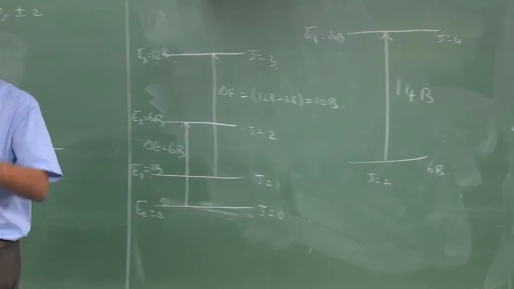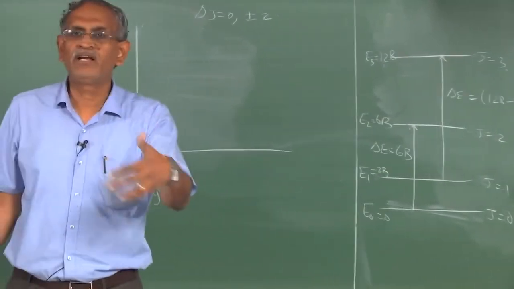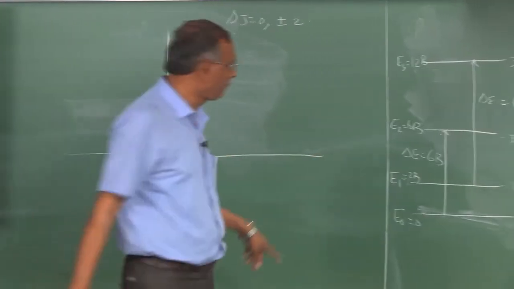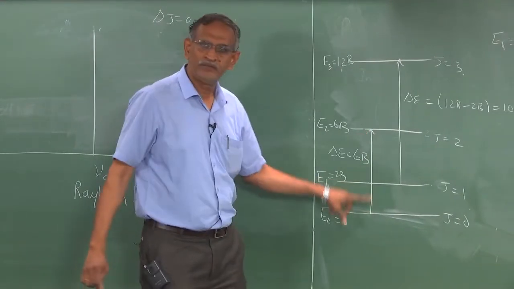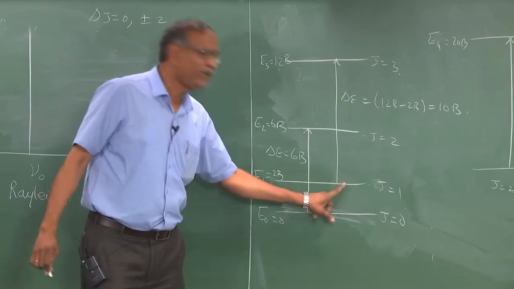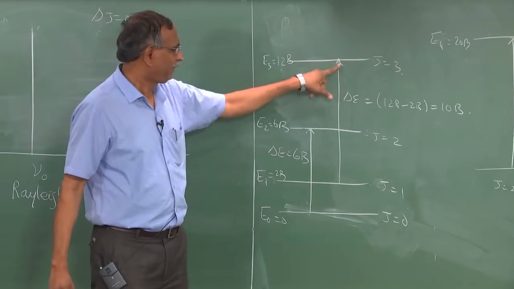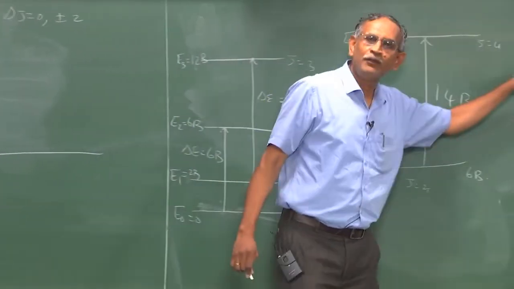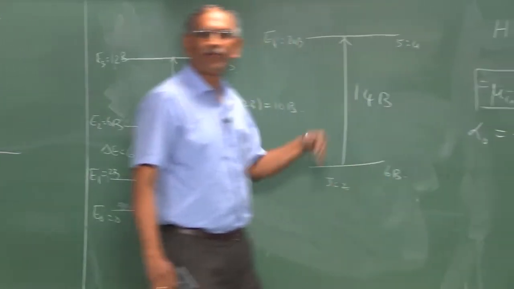You calculate this, you will see every difference that you can measure in Raman spectroscopy for rotational lines, barring the first one, which is 6B, will always be 4B away from this: 10B, 14B, 18B, 22B, and so on.